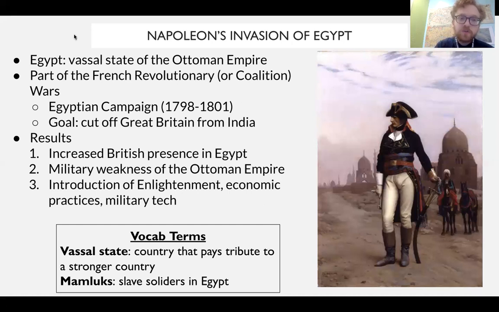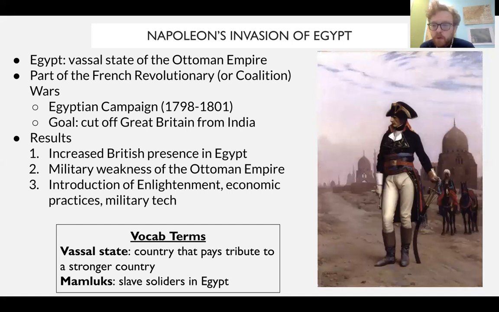They are going to invade, under Napoleon, Egypt, which is a vassal state of the Ottoman Empire. And really the goal is to cut Great Britain off from India, to prevent Britain from ever dreaming about building a canal in Egypt, the Suez Canal.